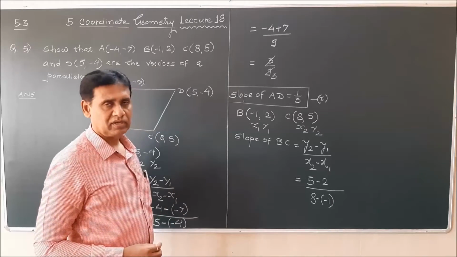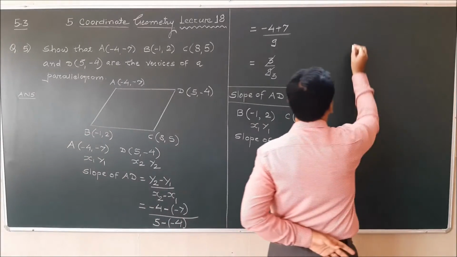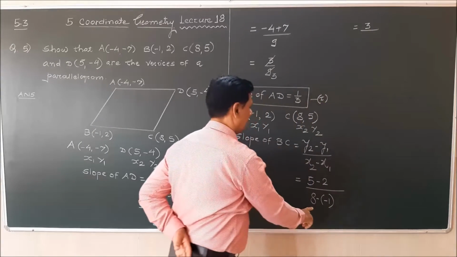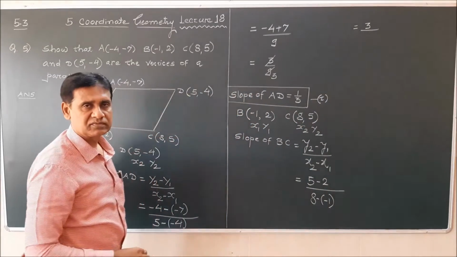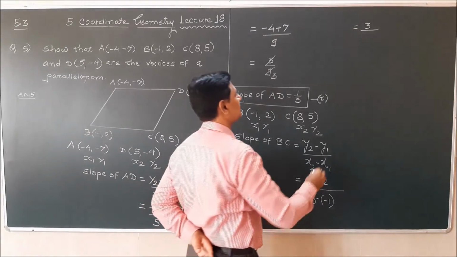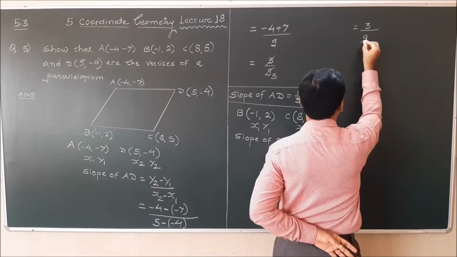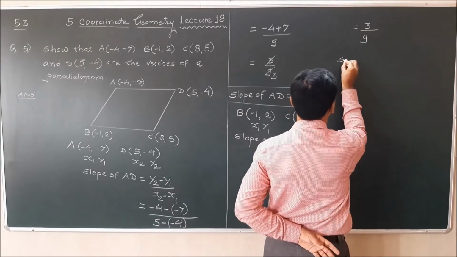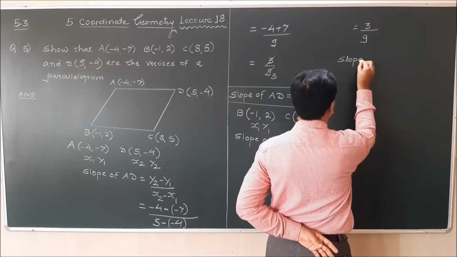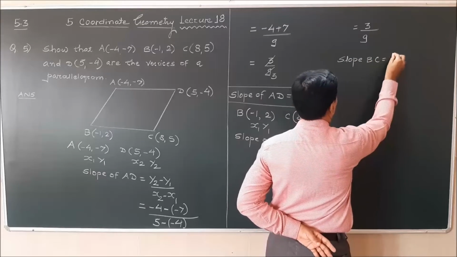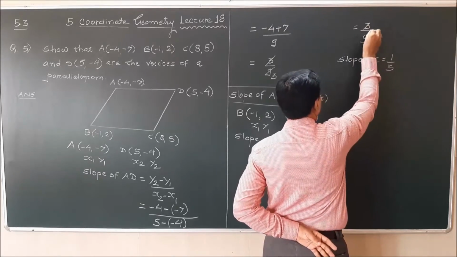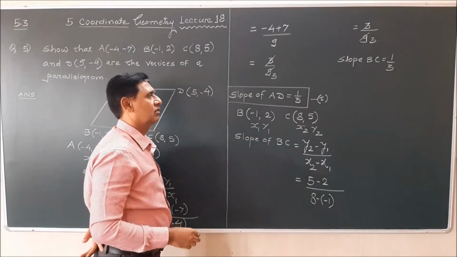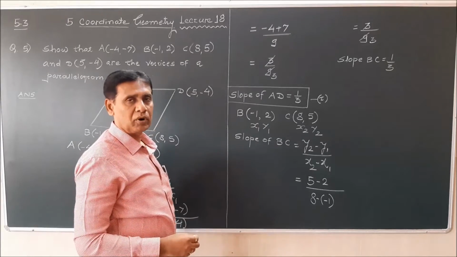So 5 minus 2 will be 3, upon 8 minus into minus is plus, so 8 plus 1 is 9. Therefore slope of BC is equal to 1 upon 3. 3 ones are 3, 3 threes are 9. So slope of BC also we got as 1 upon 3.